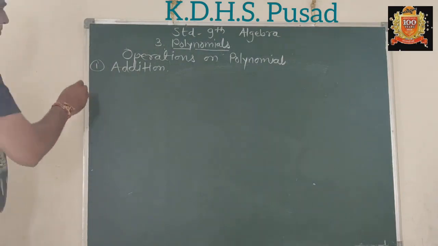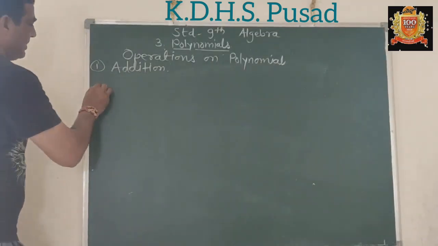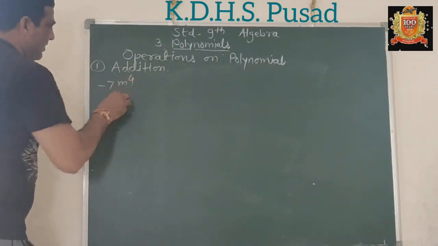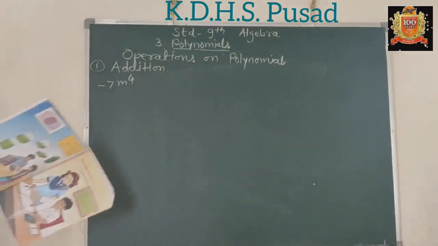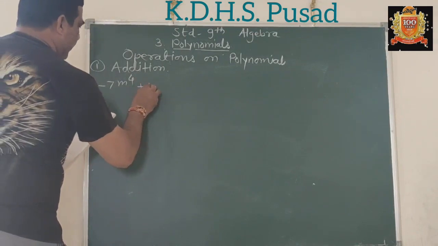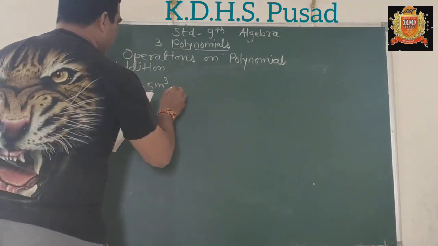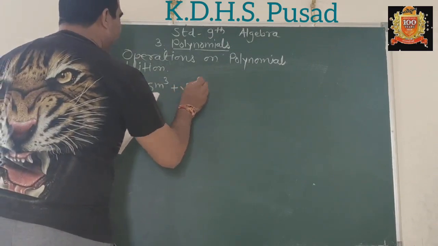So here I am writing the question. Minus 7m to the power 4 plus 5m cube plus root 2. That is the first polynomial.